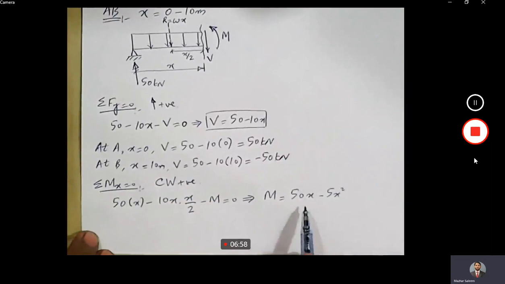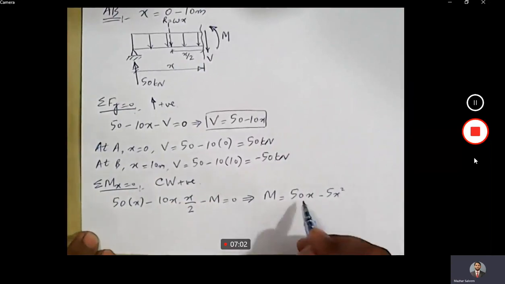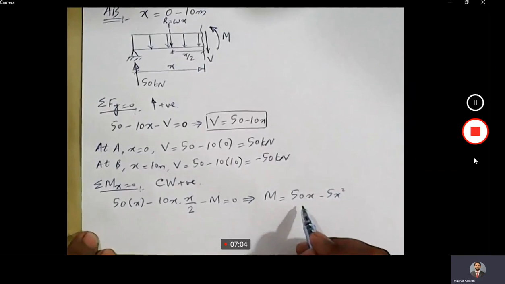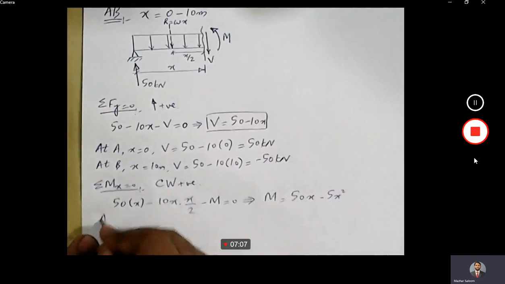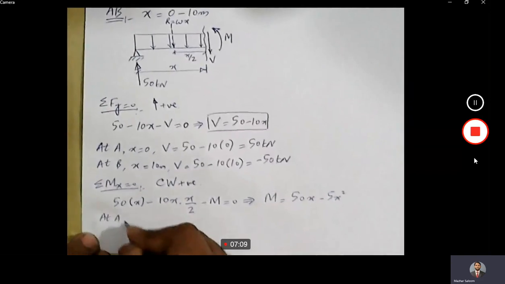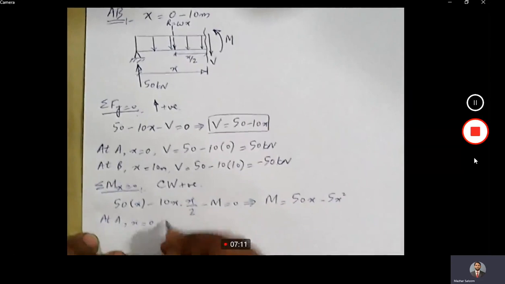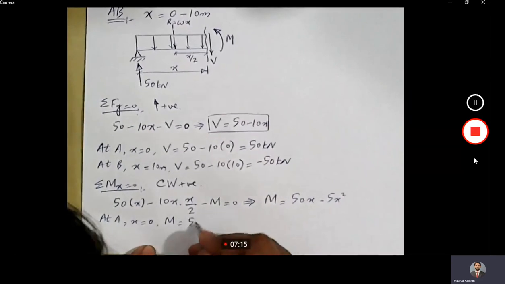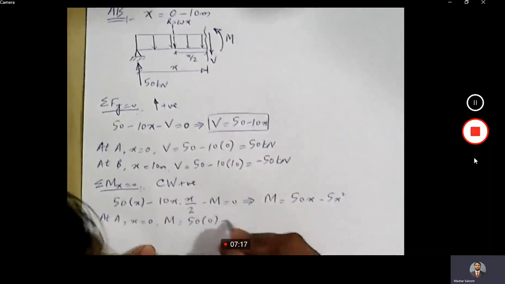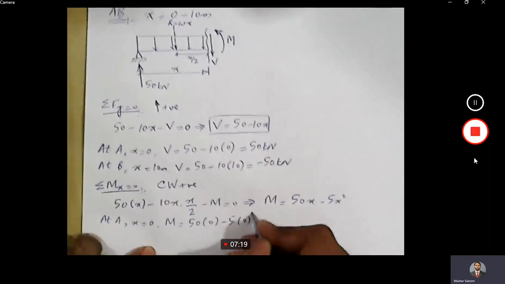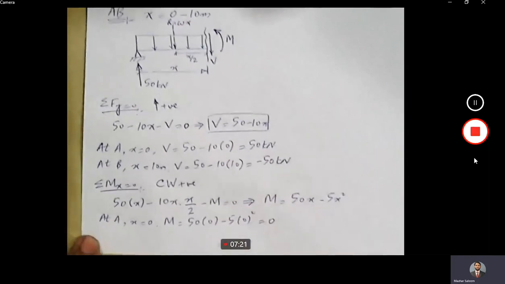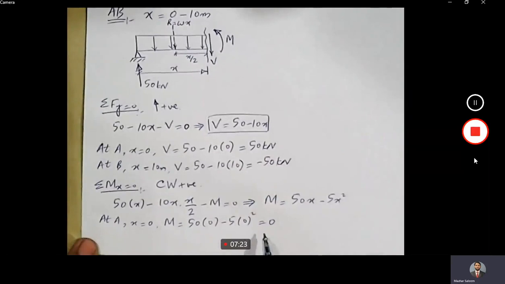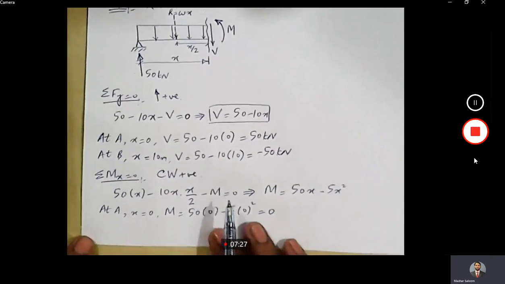Now again, we have x involved in this system, so we will have different values of moment at point A and at point B. So at A, x is equal to 0, so M should be equal to 50 into 0 minus 5 into 0 square, and that gives us 0. Now at point A, we have a hinge support, and at hinge support, 0 moment is very logical.